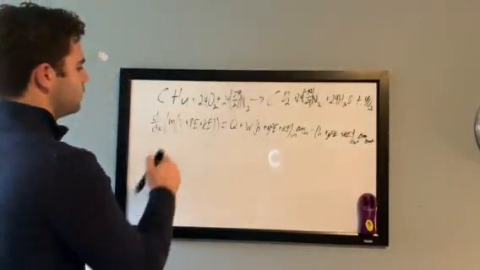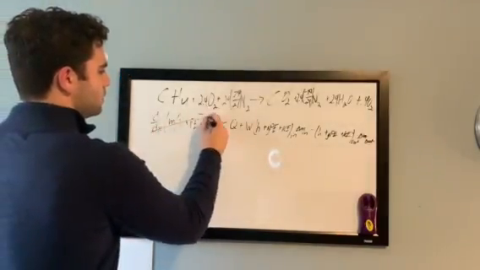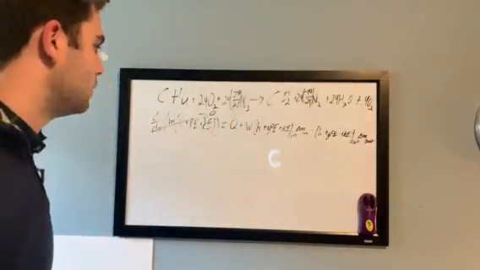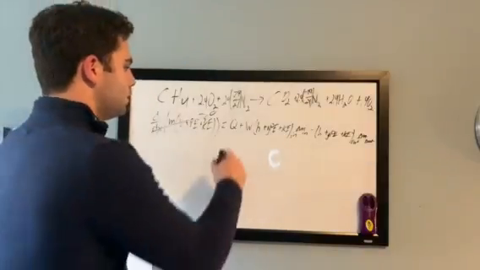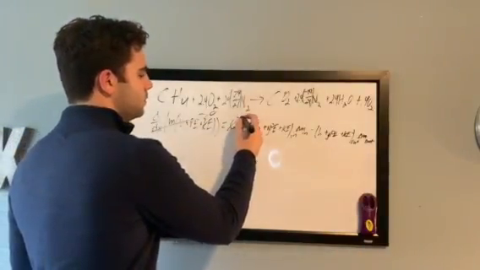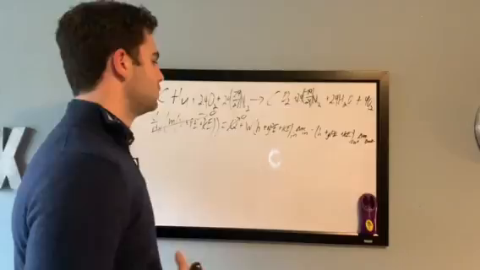So we can consider this to be 0. Then there's not going to be a lot of change in heat, so this is going to be 0.